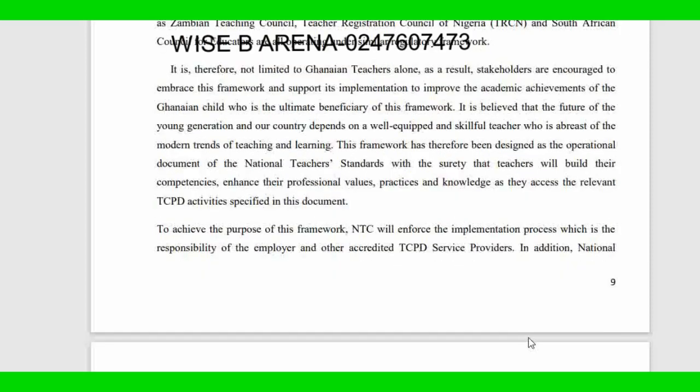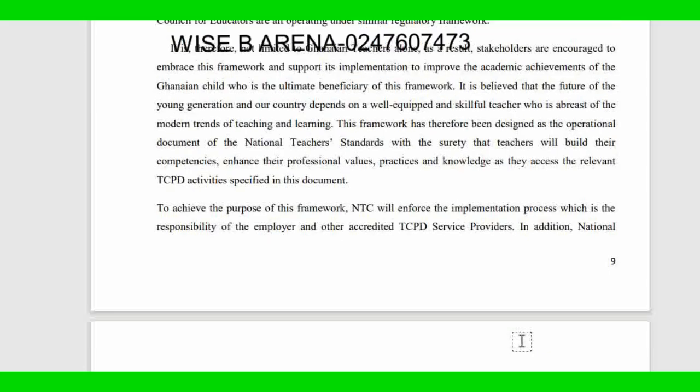To achieve the purpose of this framework, NTC will enforce the implementation process, which is the responsibility of the employer and other accredited TCPD service providers.